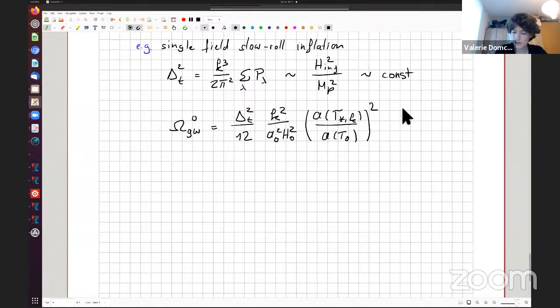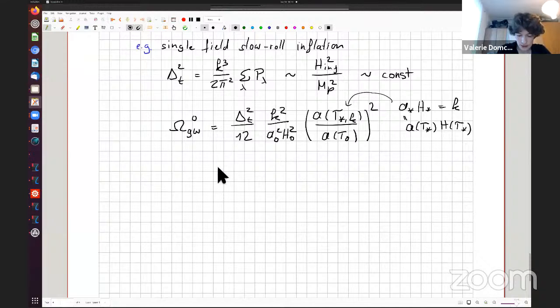What we saw above is that a of tau star times H of tau star equals k. This is the definition of horizon crossing. So for any given k, assuming a cosmological history, this defines a tau, and this is the tau which goes in here.